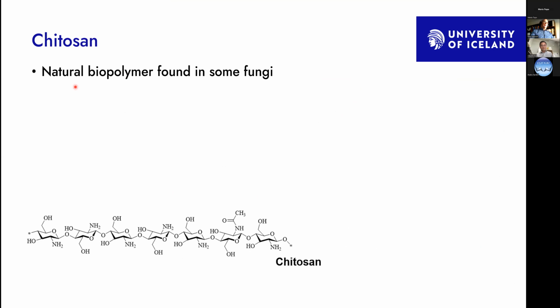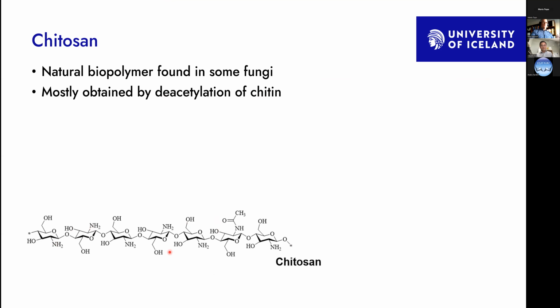Chitosan is actually found in some fungi, although this is not really the source. It is more produced by deacetylation of chitin, and this shows the structure of chitosan.